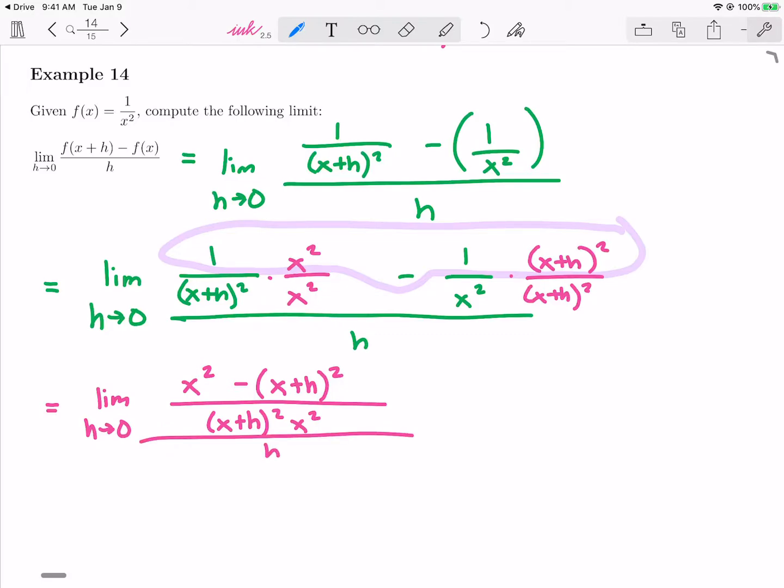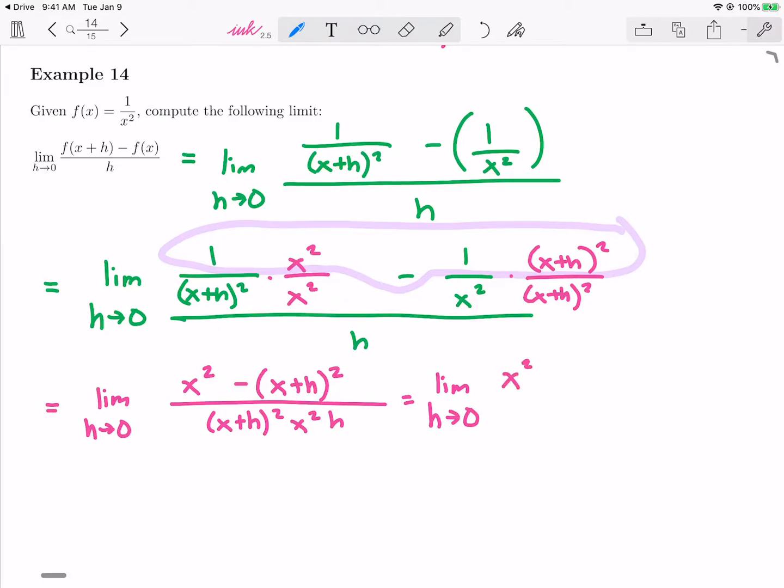But if you're good with your fractions, you know this h is really over 1, so then I can do times 1 over h. So I can really just throw the h down there, and I've got an equivalent statement that is much easier to work with. But again, if I were to plug 0 in for h, I would get 0 over 0, which means I've got to do some more algebra, which in this case means expanding the top.